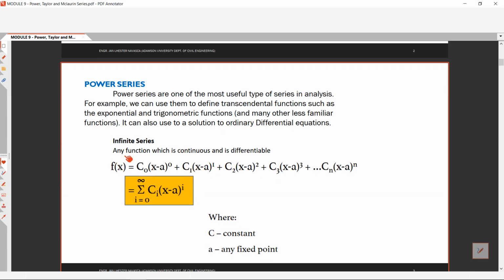the power series is given by f of x equals c sub 0 (x minus a) raised to 0 plus c sub 1 (x minus a) raised to 1 plus c sub 2 (x minus a) squared plus c sub 3 (x minus a) cubed, hanggang c sub n (x minus a) raised to n.